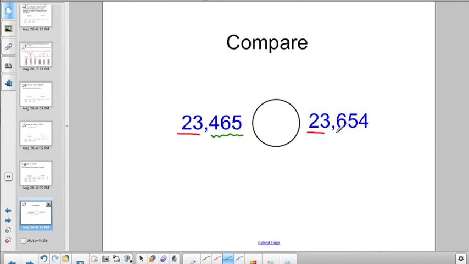Here's 465. Here's 654. Crocodile's mouth opens up to the bigger number. Can you actually pronounce this comparison? This will say 23,465 is less than 23,654.